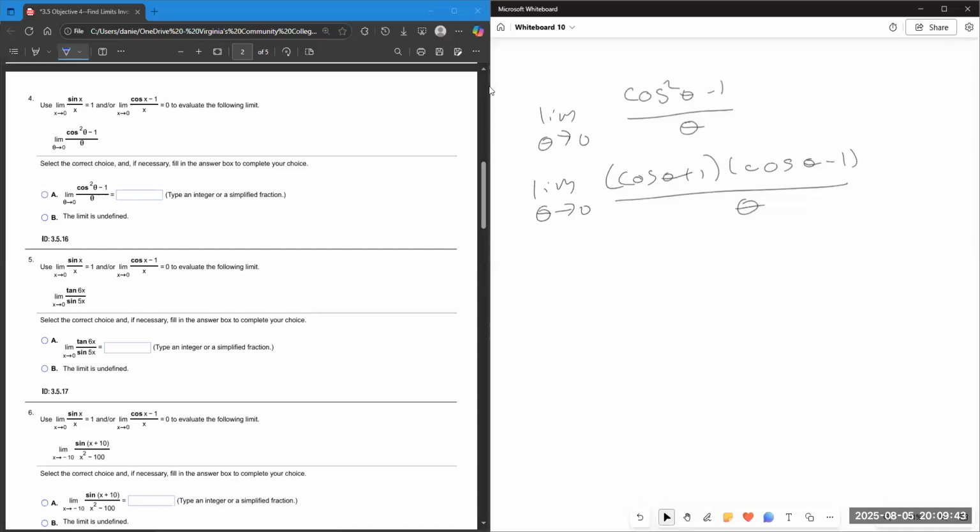And I want to keep cosine of theta minus 1 over theta as my special limit. And cosine of theta plus 1 has a denominator of 1 and just sits there. So this is 0 times, well, this is going to be 1 plus 1 is 2 over 1, so that's 2. 0 times 2 is 0, so this is 0.